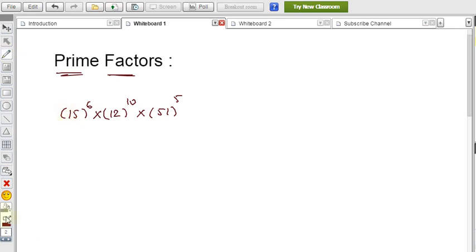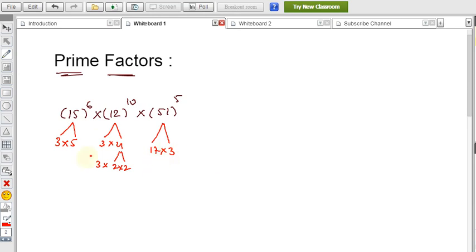This 15 we can split as 3 into 5, the product of the primes 3 and 5. 12 we can write as 3 into 4, and 4 we can make as 2 into 2, so completely it is 3 into 2 into 2. And 51 as a product of primes is 17 into 3.